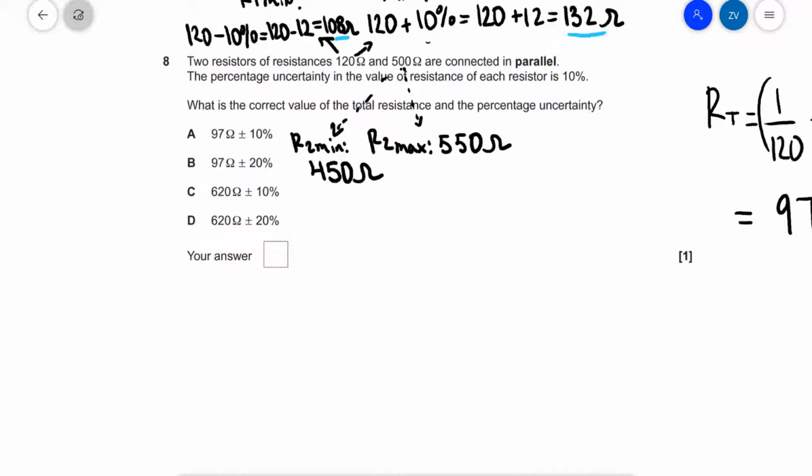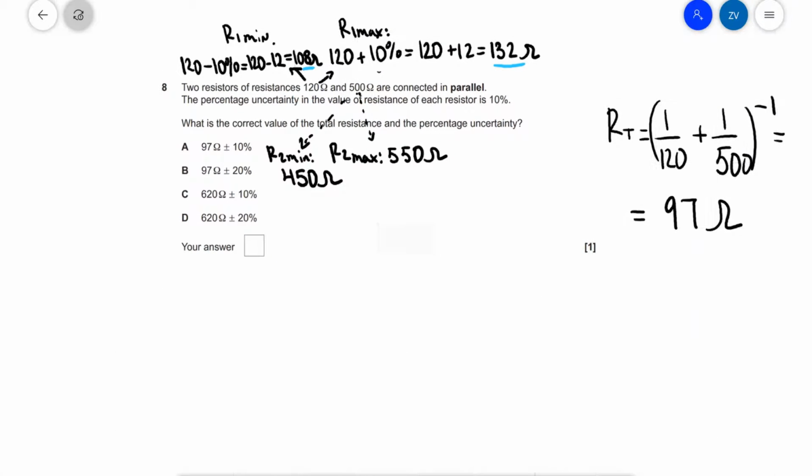Now, what I'm going to do is calculate either the minimum or the maximum value, and then compare it with the calculated value for our total. If they differ by 20%, the answer is going to be B. If they differ by 10%, the answer is going to be A.